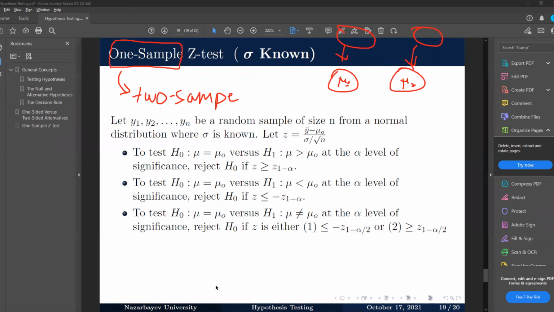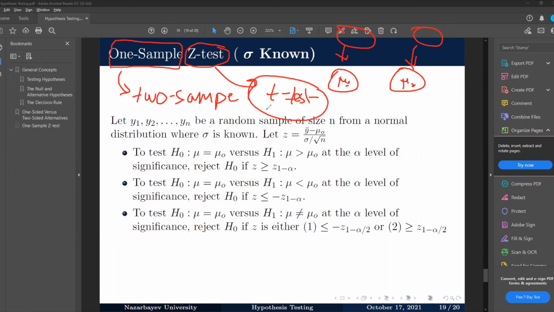The next thing that is going to change is that we are going to move from the z-test to the t-test. We should use the z-test only in the case when sigma is known. Most commonly, sigma is not going to be known, and we are going to use the t-test. Even if your sample is large, as we said for confidence intervals, we should always use a t-test rather than a z-test.